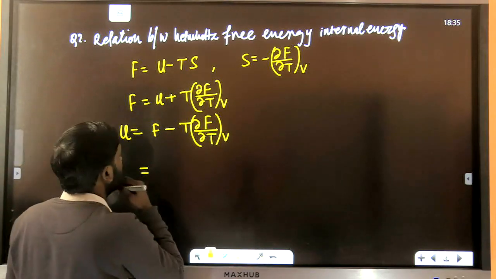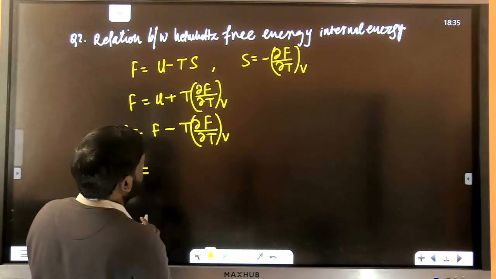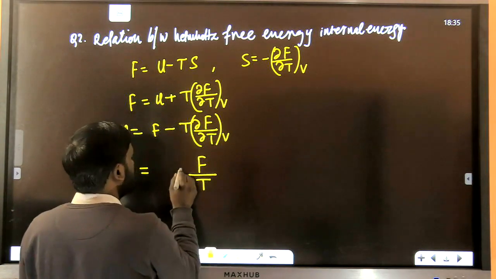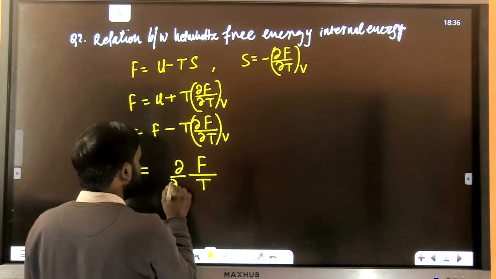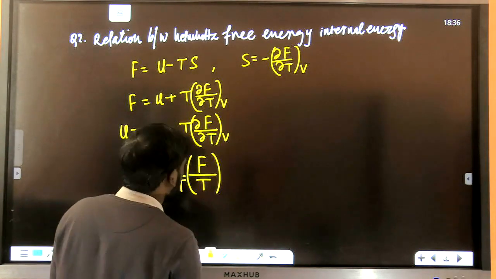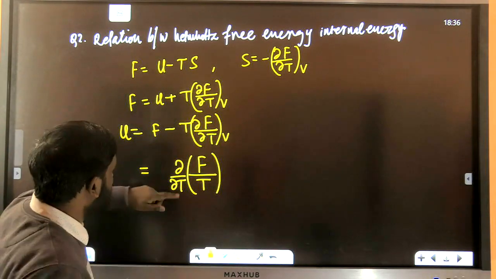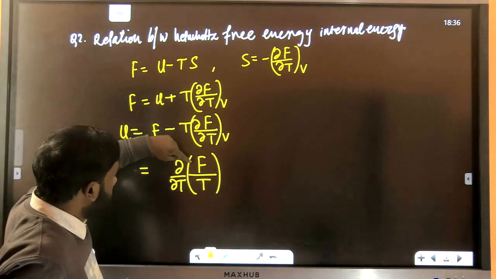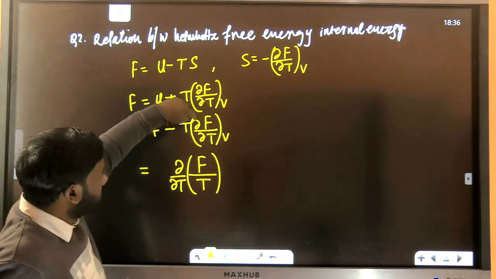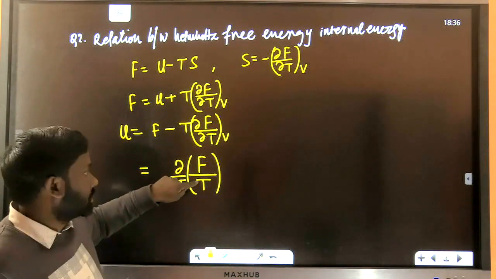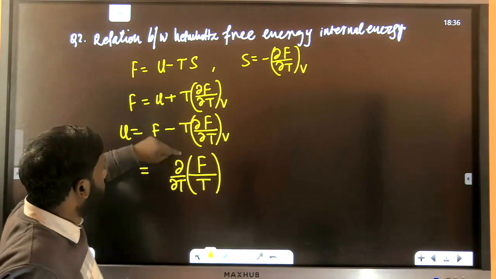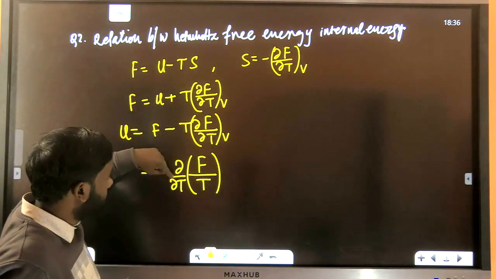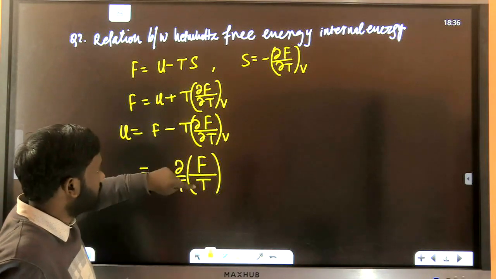So what we can do is write it like this. If you differentiate the term F by T with respect to T, you get the term dF/dT, but you also get a 1/T term. But what you actually want is multiplied by T and with a negative sign. If you differentiate this term, you get 1/T with positive sign.